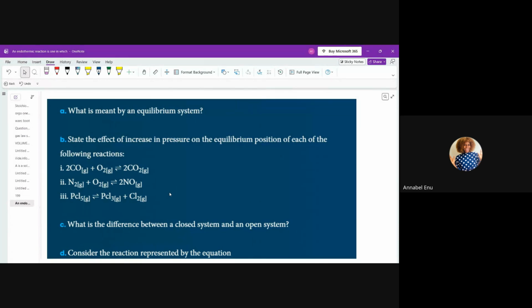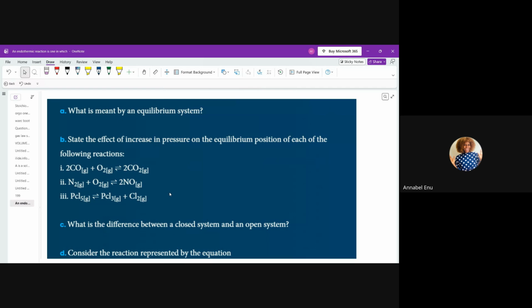The trapping of heat, reducing of heat, increasing of heat, and things like that. So for equilibrium to occur, it has to be in a closed system. Now, an equilibrium system is a closed system in which the rate of the forward reaction equals the rate of the reverse or backward reaction.